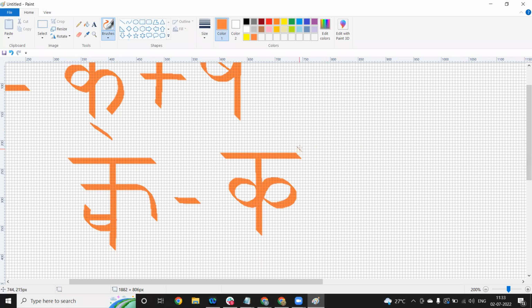In the case of Sharda, we will talk about this in detail when we do the matras. The halant is denoted like this. This is the halant in Sharda lipi. What I have drawn here, this vertical line, is the halant. Halant means this. So the sound of k is half, and then we have sh.